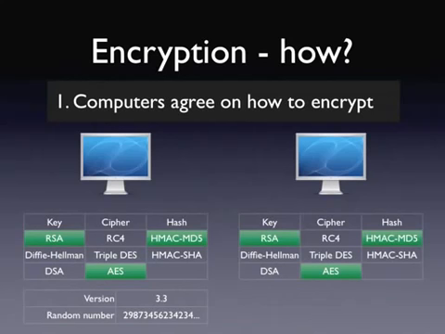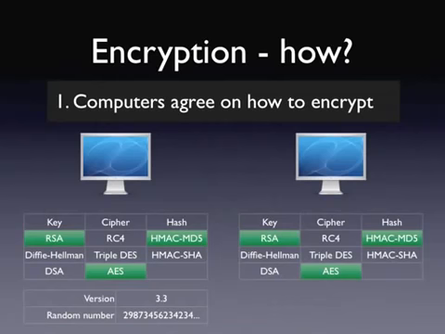The key exchange method, for more information, if you look up transport layer security or public key encryption on Wikipedia, you should have more information about that. It's kind of beyond the scope of this slide. Also sent is the version of SSL, in this case 3.3, indicating TLS, and the random number, which is used to compute the master secret, which is then used from then on to calculate the encryption keys.